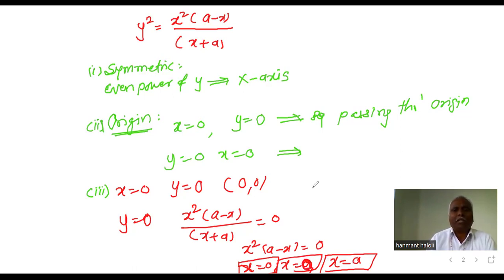These 3 points are 0 and 0, then a and 0. 0, 0 two times means the curve is taking a loop on that coordinate axis. A loop means passing through the same origin, again returning back to the origin. That time the curve is passing through 0, 0. This is one of the simplest methods to identify whether the curve is passing through or intersecting the coordinate axis or not.